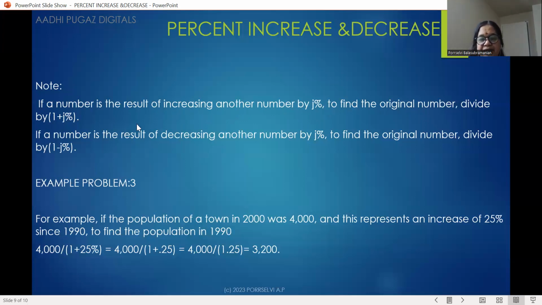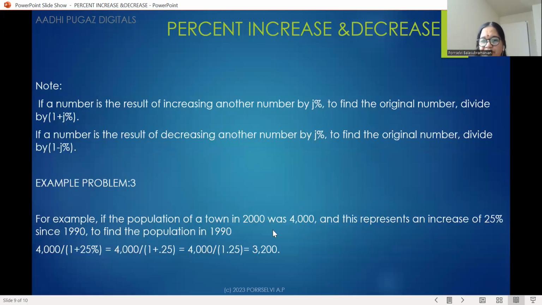In the previous slide, for percent increase or decrease, we multiplied by 1 plus j percentage. Here we are going to divide, because we are finding the original amount.